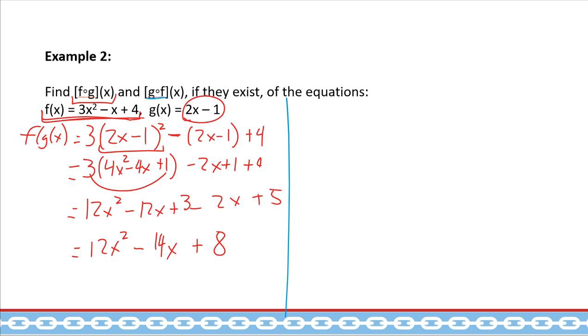We're also asked to find g of f of x. So I'm going to start with the g function, and anywhere I see an x, I sub in the entire f function. So 2x, well, my x is now the entire f function.